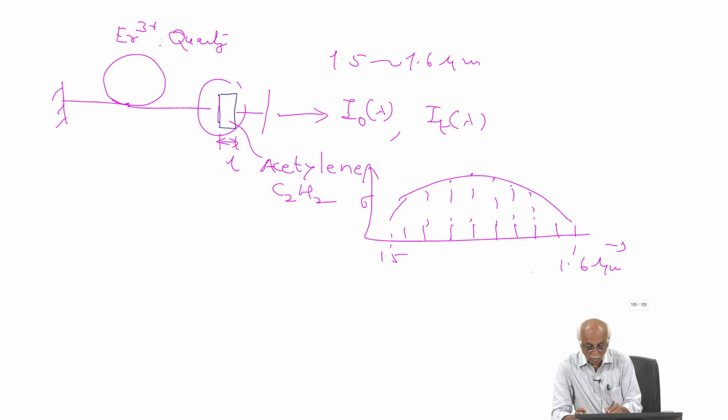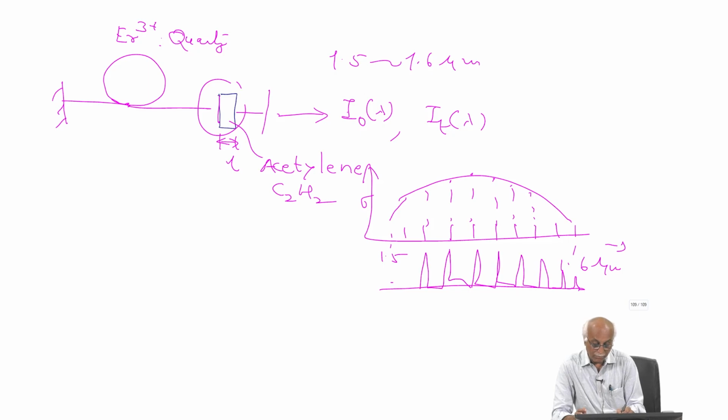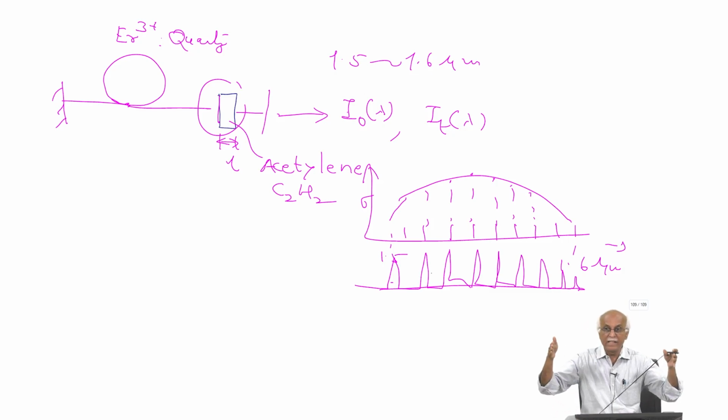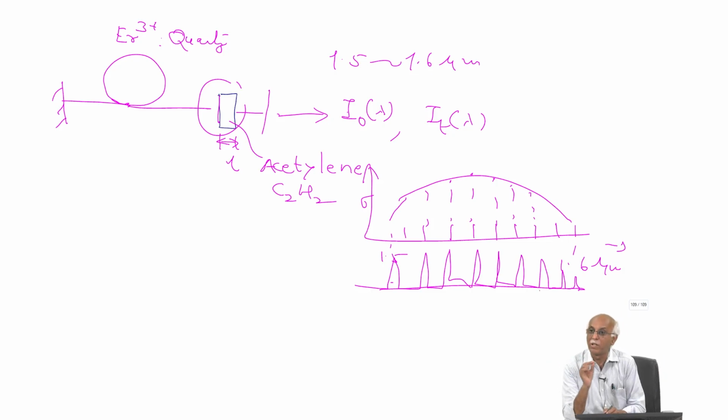So, laser output will look like this. Whichever frequencies are beyond threshold will all oscillate. Okay. So, there will be different frequencies, and cavity length increase may shift this frequency by a small amount, but there will be many such frequencies.